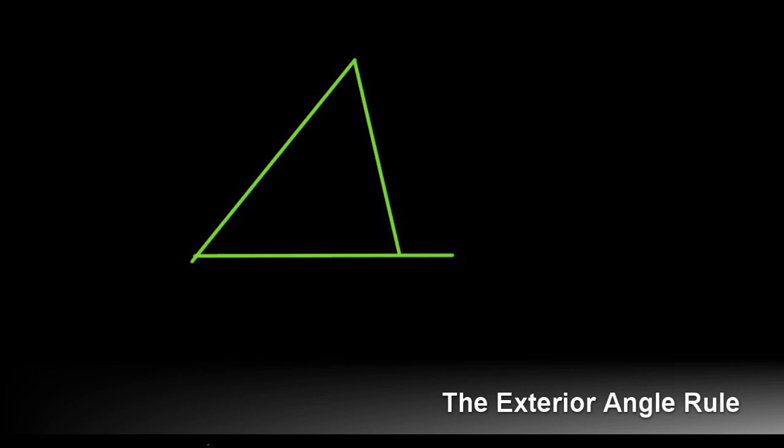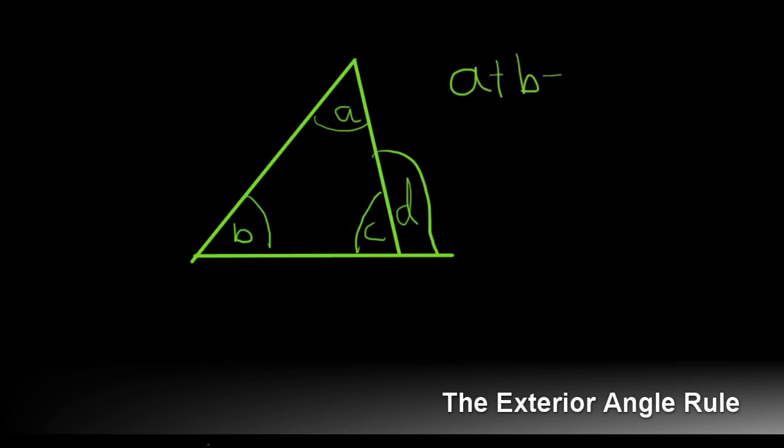If I let this angle be A, this angle be B, and this angle C, and the angle here that is created when you extend one side of the triangle be D, then all the exterior angle rule states is that A plus B is equal to D. Now I know this can easily be proved, and I'm not going to waste time proving it.